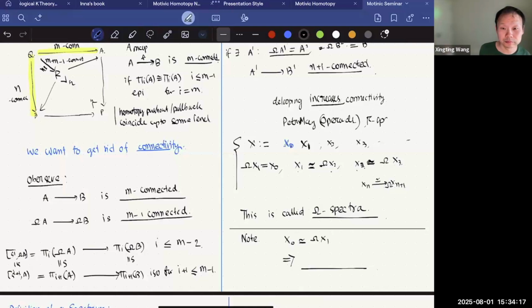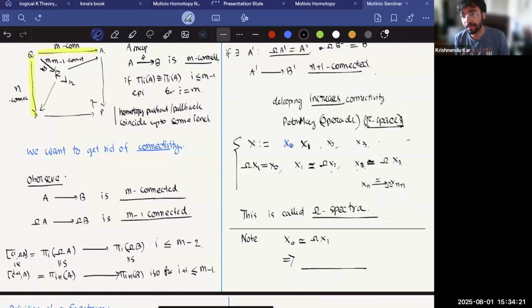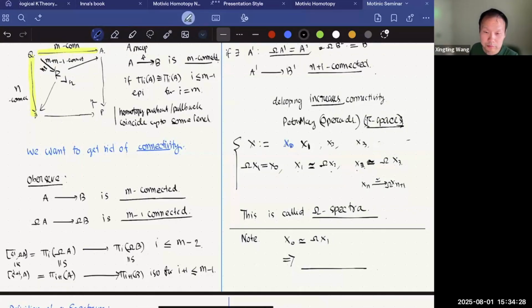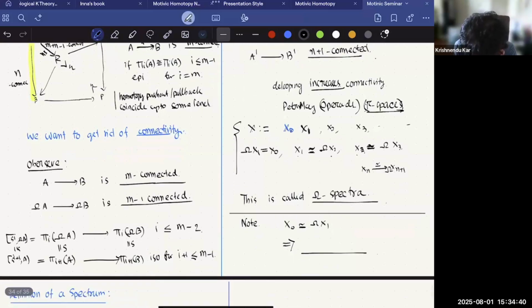Yes, you're right, finding these spaces is hard. There is an example that is easy: your Eilenberg-MacLane spaces, the easiest one I can think of. But building these spaces is hard.